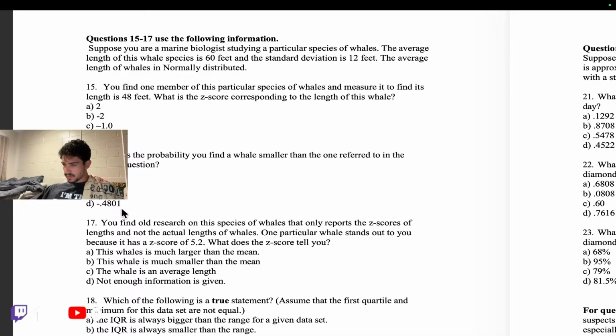The mean is 60. So we're doing 5.2 equals x minus 60 over the standard deviation, which is 12. So we can multiply 5.2 times 12, which is 62.4, which is equal to x minus 60. So we add 60 and we get a score.